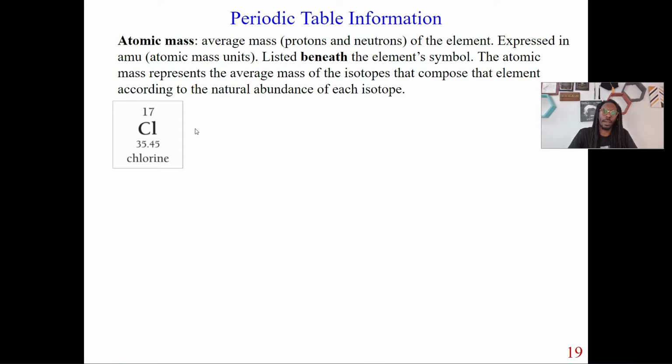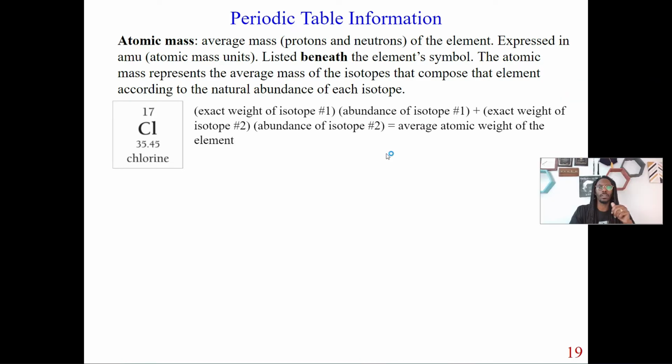So remember, everybody, most elements are going to have an isotope, okay? And if you remember, isotopes have the same amount of protons, but a different amount of neutrons. So usually, the way that people find the average atomic weight of an element, this number here, is with this formula.